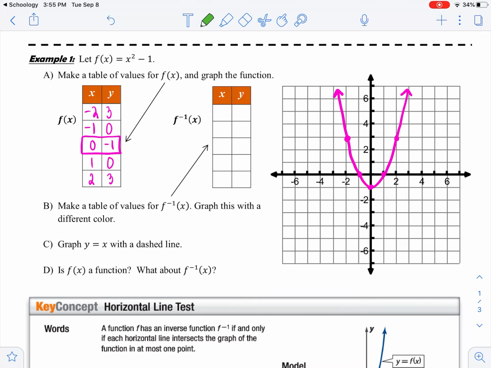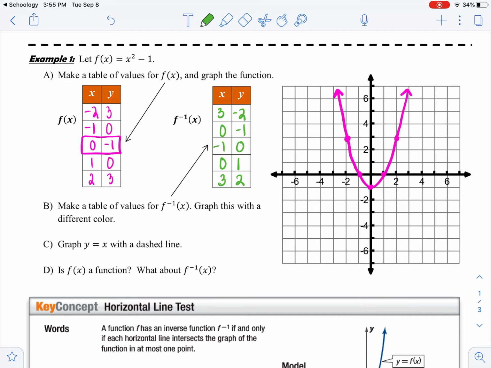Hopefully you're saying switch x and y. So what I can do here is just switch all my x values and y values. So my first point that I'll graph is (3, -2), followed by (0, -1), (-1, 0), (0, 1), and (3, 2). So all I did was switch the x and y values in that first table there.